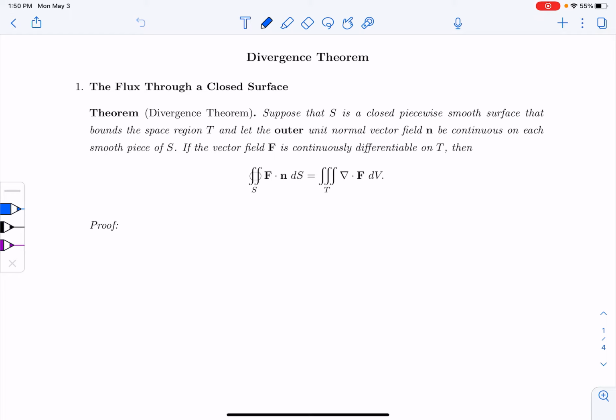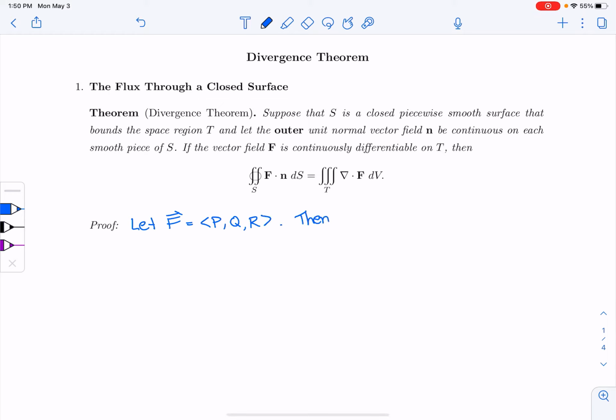And so we're going to prove this for a simple case, and then you can see that you can follow the same steps in order to prove it for all the rest of the cases. So here, I'm going to let my vector field F be P, Q, R.